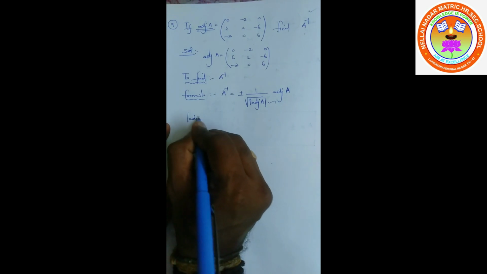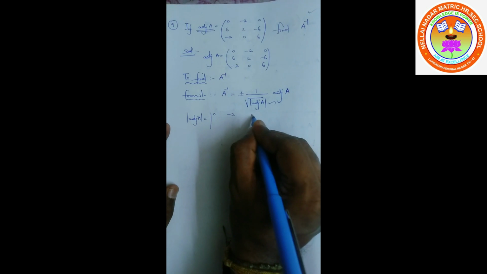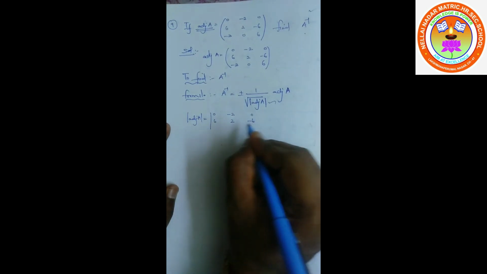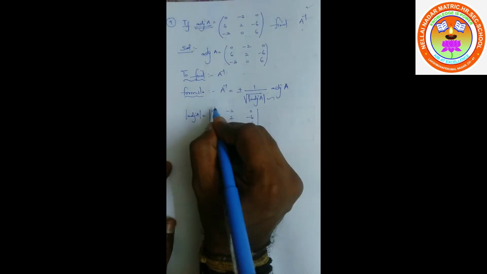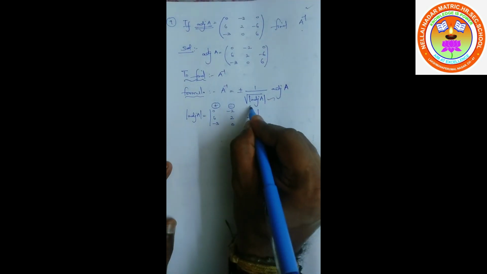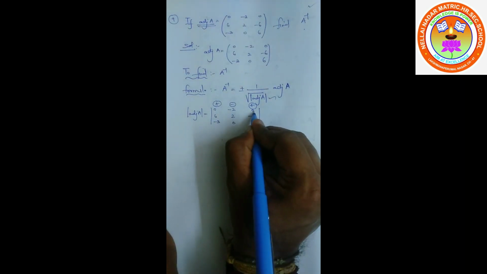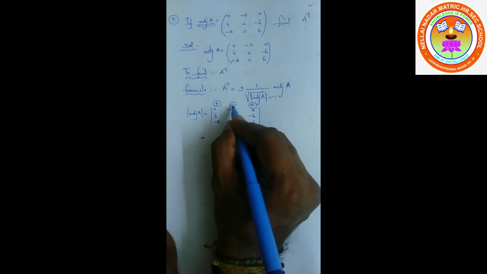So the determinant of adjoint of A is the determinant of 0, minus 2, 0, 6, 2, minus 6, minus 3, 0 and 6. This will be plus, this will be minus, this will be plus. Since 0, 0 is present, I don't need to expand for this one. I will expand for minus 2 alone.